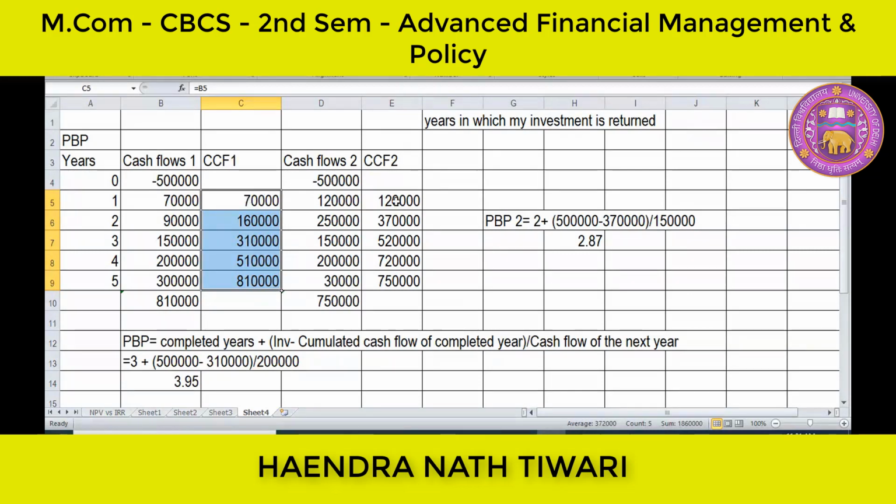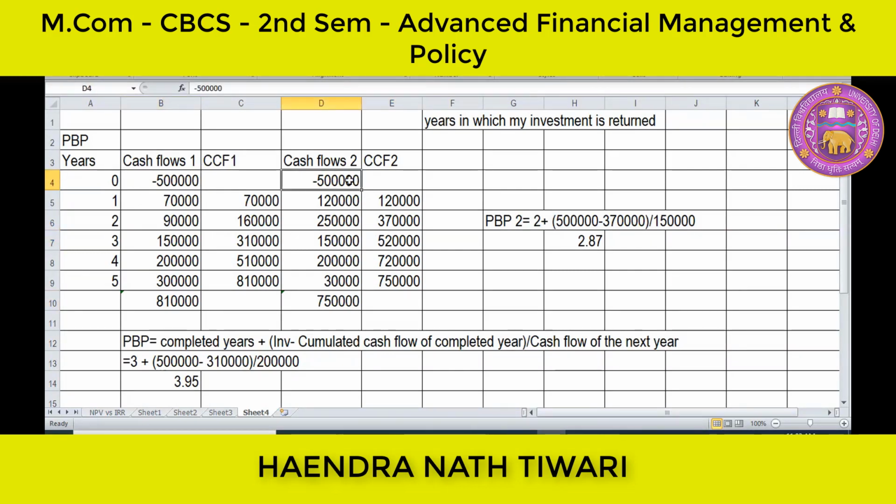Similarly, we calculated cumulative cash flow for project 2. Up to the second year we have earned 120 in the first year and 250 in the second year, so 370. In the third year we have earned 120, 250 and 150, so 520, and so on. How much cash do I need? 5 lakhs.